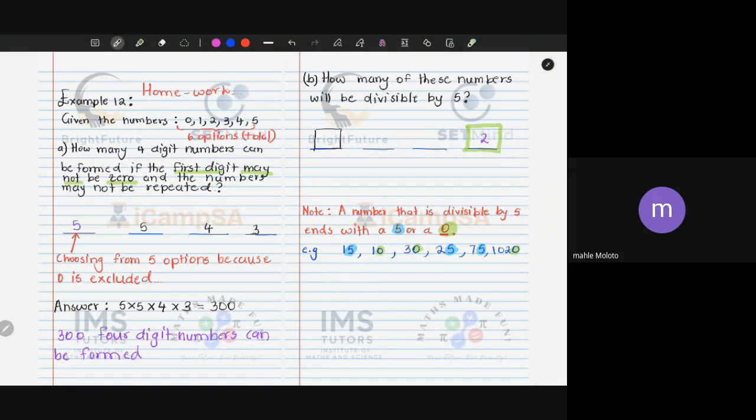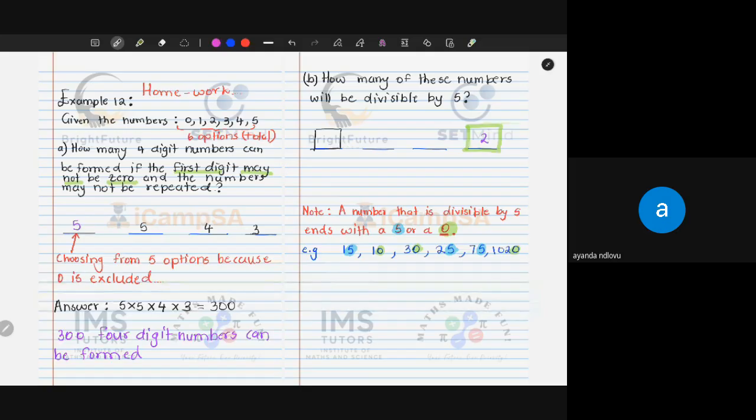So here we need to think very carefully. Anyone, guys? 4. 4.